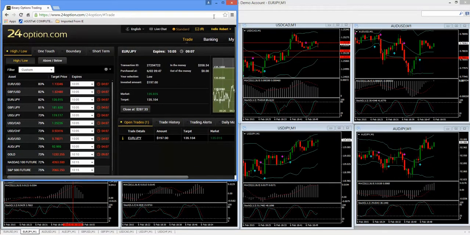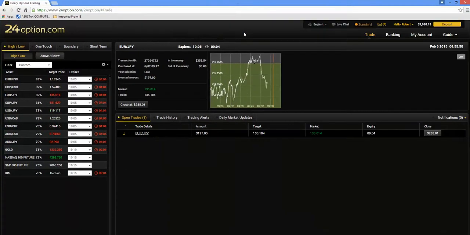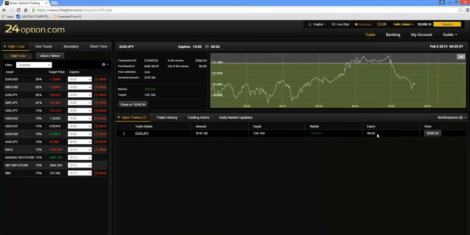So here is that trade. Let's have another look at it. We have 9 minutes left. We entered the put at 135.104. It's currently at 135.009, so we have about 7 pips profit. It's kind of moving around here a bit.